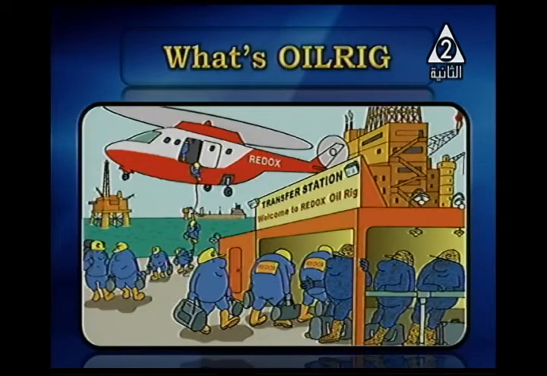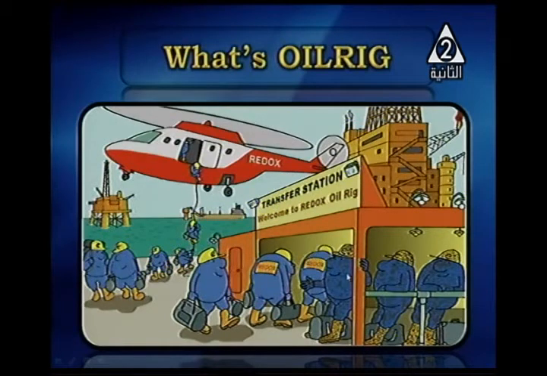So after that, what is OIL RIG again? Here we have the redox and we have the oxidation. The meaning of redox: reduction and oxidation processes. Here we have gaining some electrons and they lose some amount of energy.